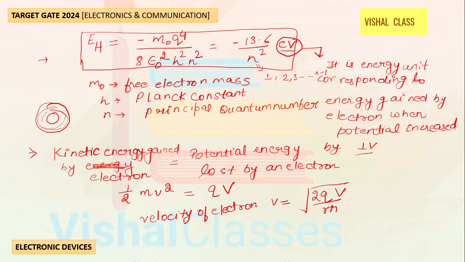Here q is the charge, m is the mass of the electron, V is the potential, and the unit of velocity is meter per second.